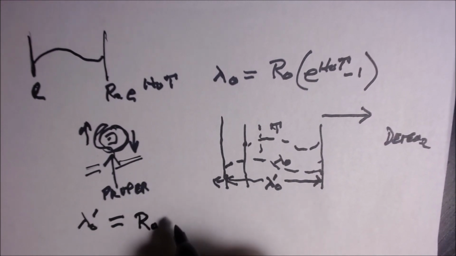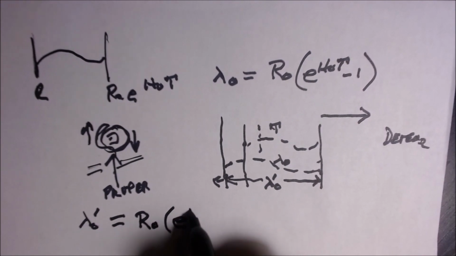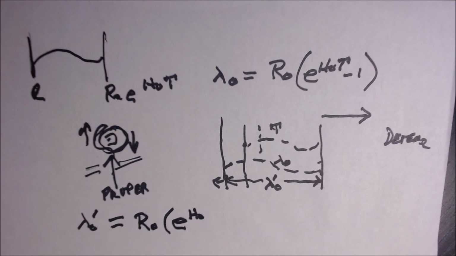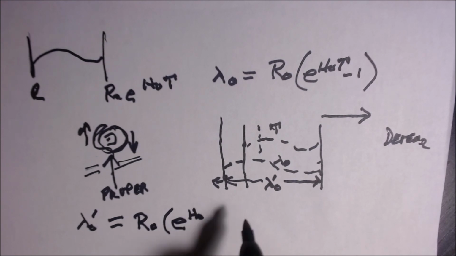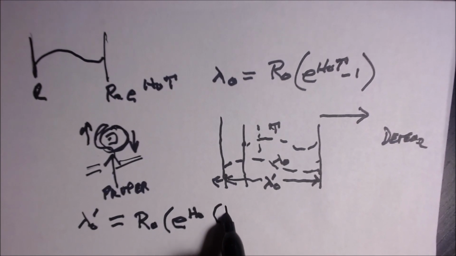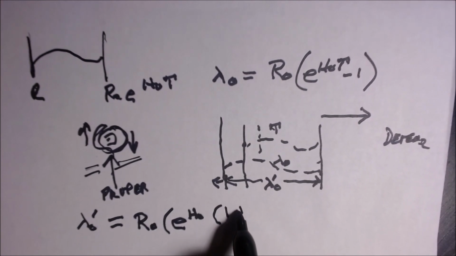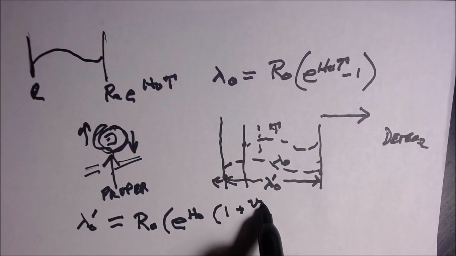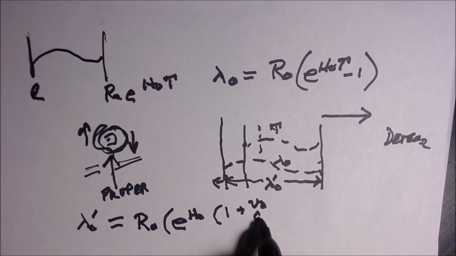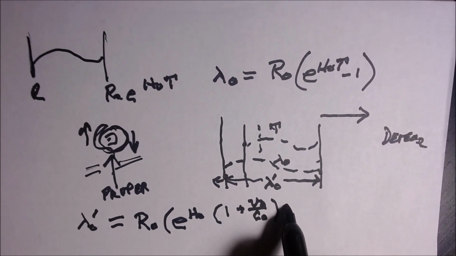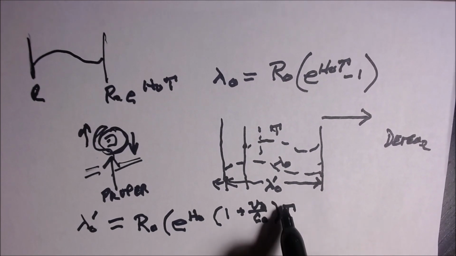You can do this. This is peculiar motion. e to the h0, now that, remember, this is the differentiable constant for the exponent, times 1, in this case, plus v0 over c0 times tau.